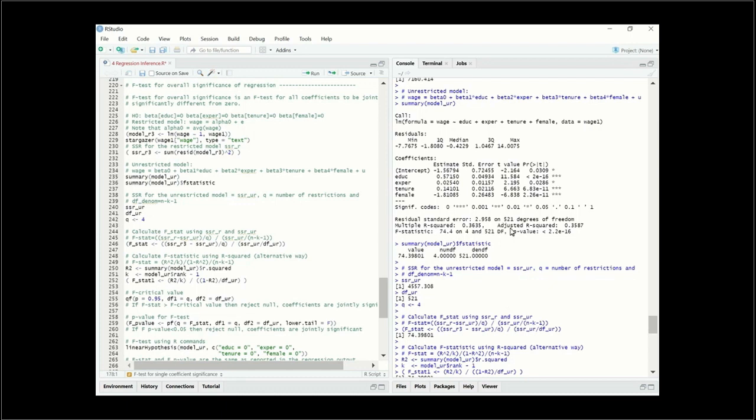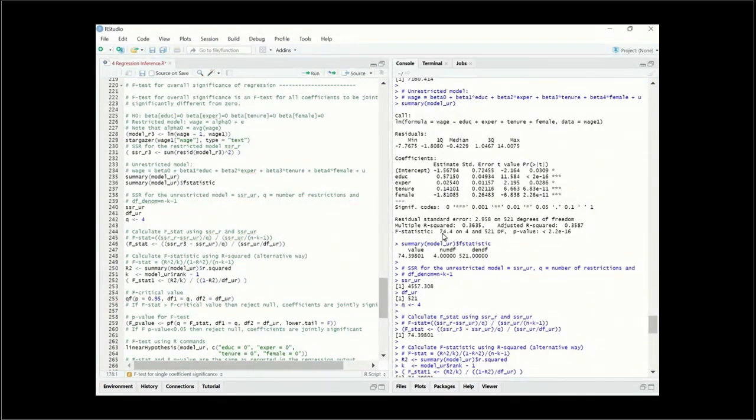The F statistic is reported in the output right here, and then we have the degrees of freedom here, 4 and 521. This 4 is the number of regressors, so 1, 2, 3, 4 regressors, and here this is n minus k minus 1, so 526 observations minus 4 variables minus 1, and this is the p-value.